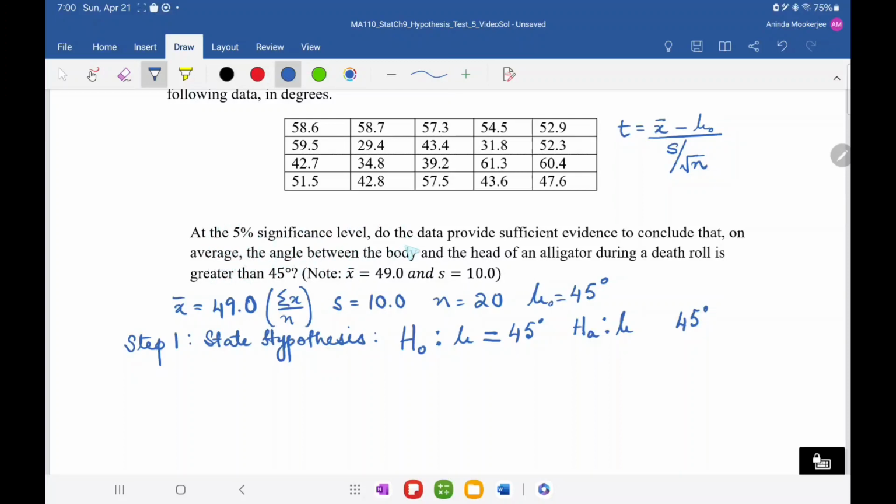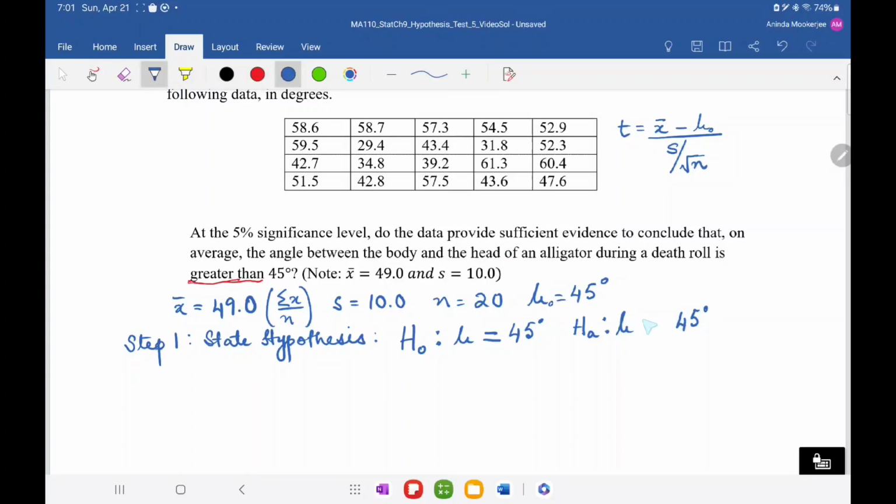At the 5% significance level, do the data provide sufficient evidence to conclude that on average, the angle during a death roll is greater than 45 degrees? So the words greater than tell us the sign we should put in the alternate hypothesis statement.